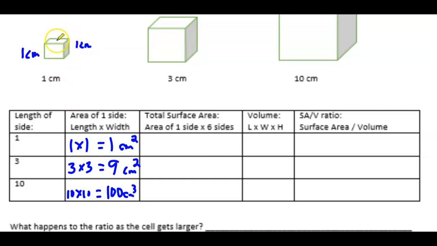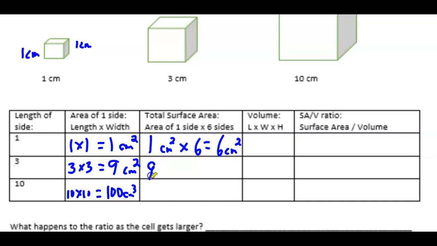So the front, the back, the top, the bottom, the left, and the right are all the same. So instead of figuring all out individually and adding them like we had to do on the front page, if I know one side is 1 centimeter squared and I multiply it by 6, then my surface area is going to be 6 centimeters squared.